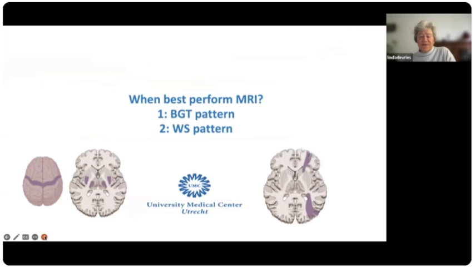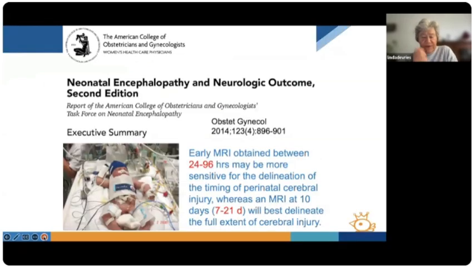So the question is always asked, when should we be performing our MRI? And here we are talking about the basal ganglia pattern of injury and the watershed pattern of injury. In 2014, there was a paper by the American College of Obstetricians and Gynecologists, and they said, well, it's best to perform 2 MRIs.